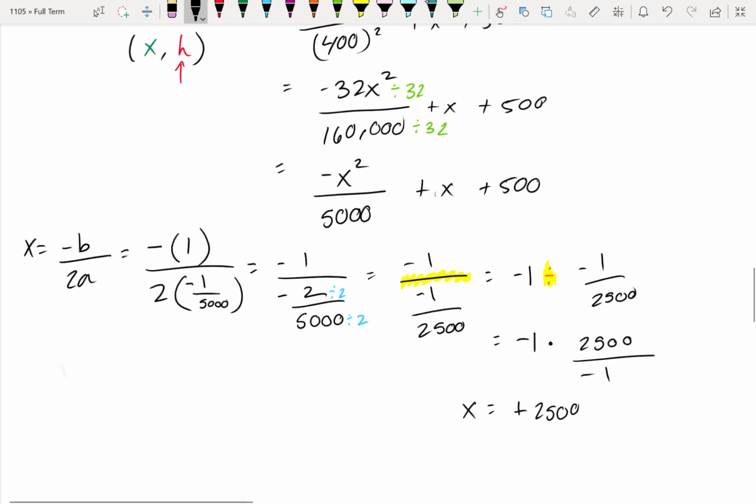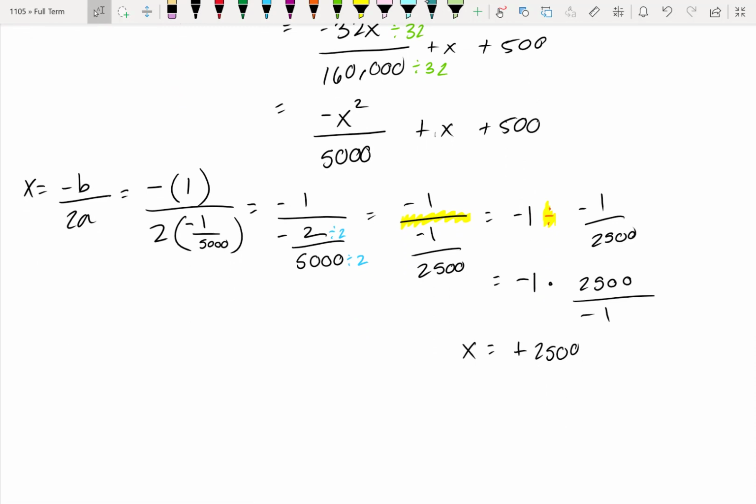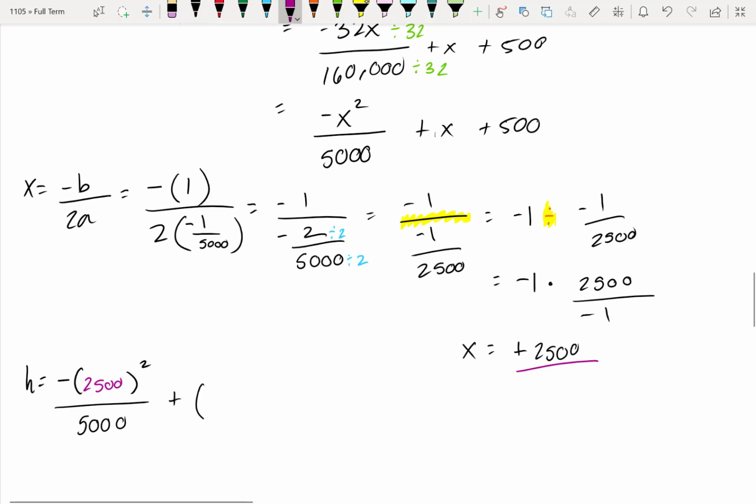Now let's plug this x back into the simplified equation. So we have h equals negative x squared, and our x is 2,500, over 5,000 plus x, which is 2,500, plus 500.